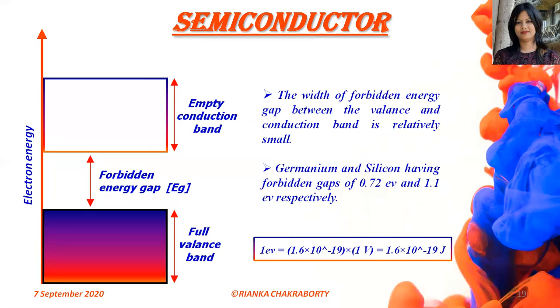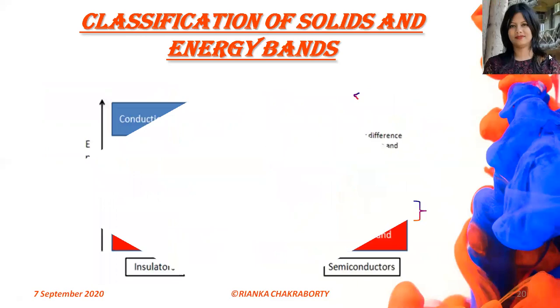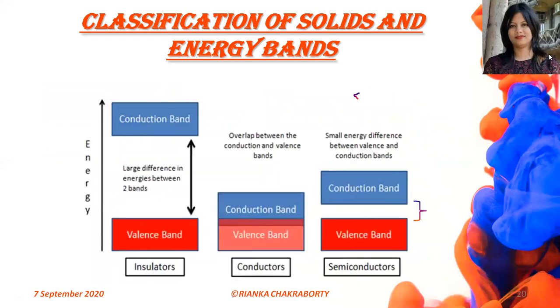Germanium has a forbidden energy gap of 0.72 electron volt and silicon has 1.1 electron volts. We know that 1 electron volt equals 1.6 times 10 to the power minus 19 joule. So this figure shows the difference between solid, metal, insulator and semiconductor.